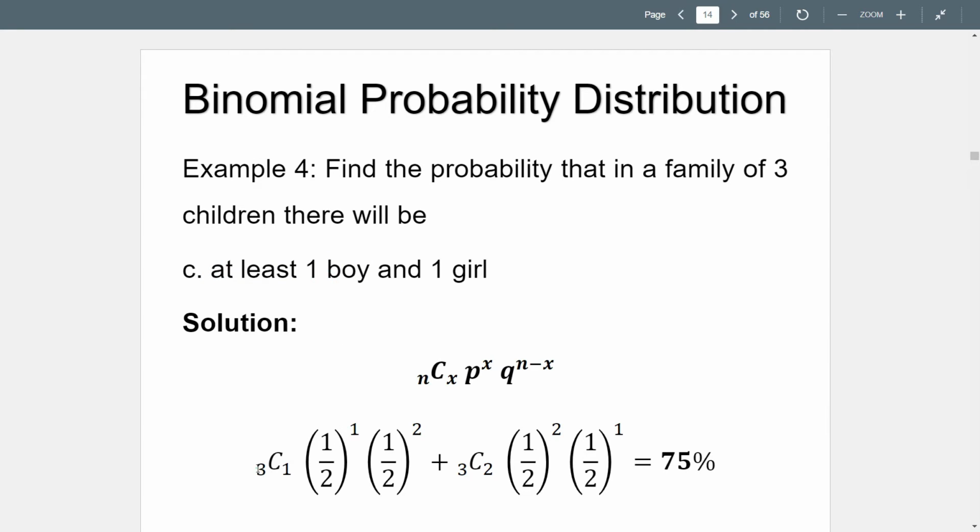We'll have this equation here, where the number of boys is 1 and the number of girls is 2. And then for this one, the number of boys is 2 and the number of girls is 1. Then you'll have a 75% chance of getting at least one boy and one girl.